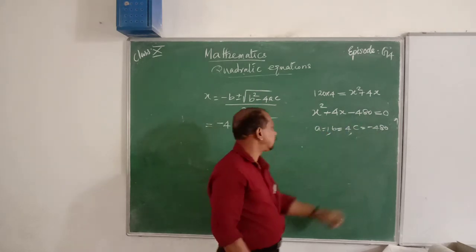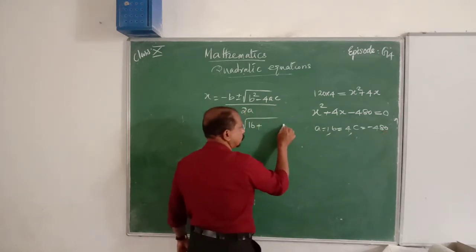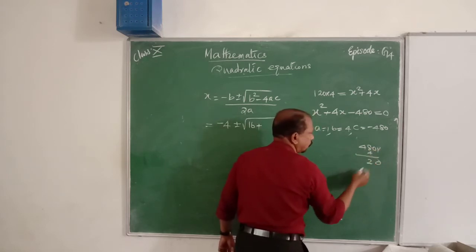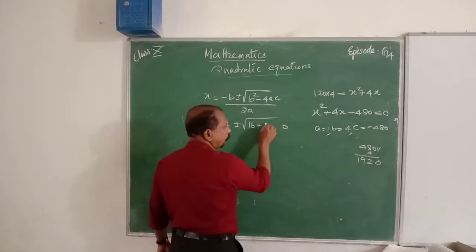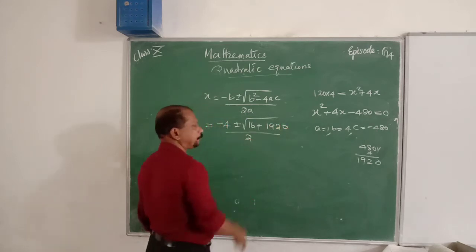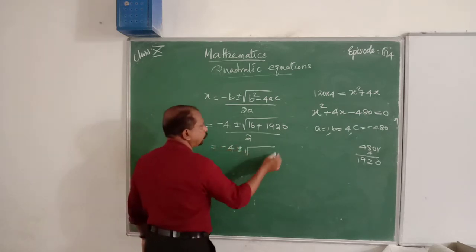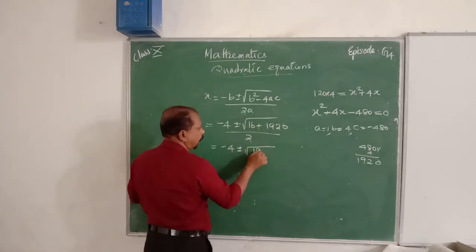Minus into minus is plus, that is plus 480 into 4, that is 1920. 16 plus 1920 is 1936, divided by 2.